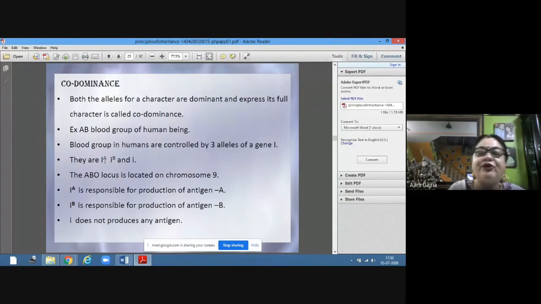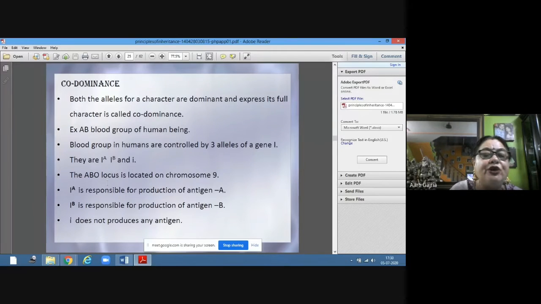IB is responsible for the B sugar on the surface of the RBC, that is sugar polymer B. And small i is not giving any sugar polymer. So these are the three. If IA is present, then the blood group would be A. If IB is present, IB is dominant over small i. But if A and B both are present, they both are dominating, and this process is called codominance.